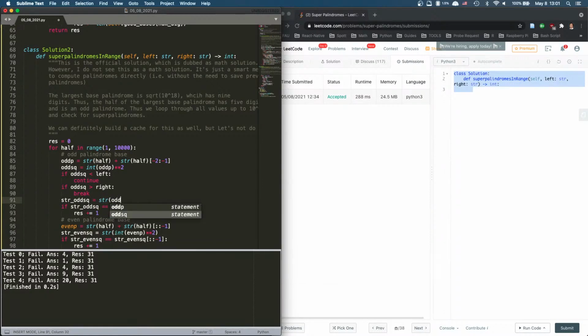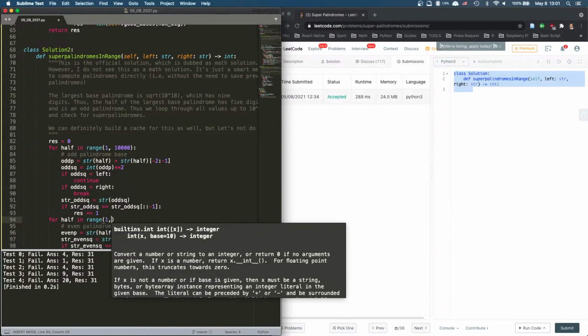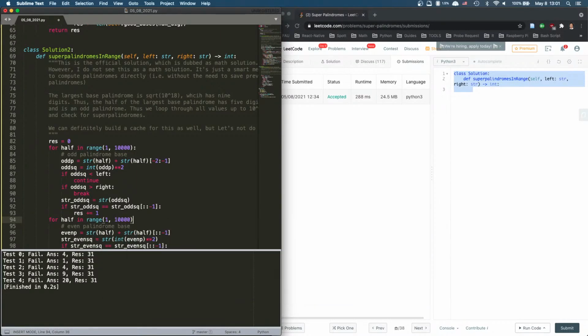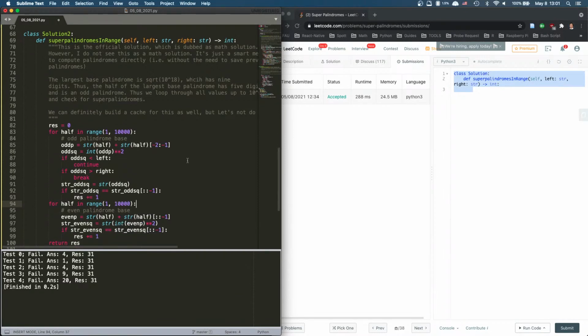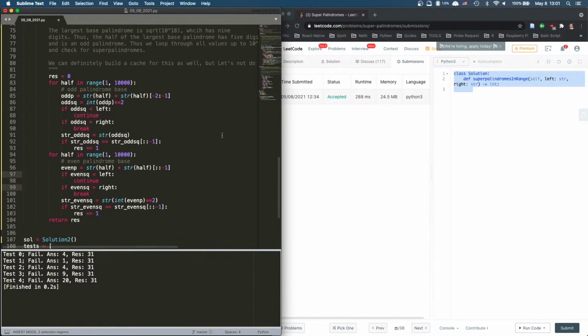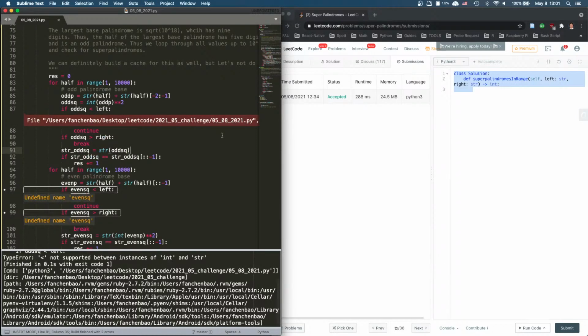Okay, so the same thing has to happen to the other one as well. That's fine, just 2 loops, range 1 to 10,000, and we do the odd into even. 2 rounds. Try it.